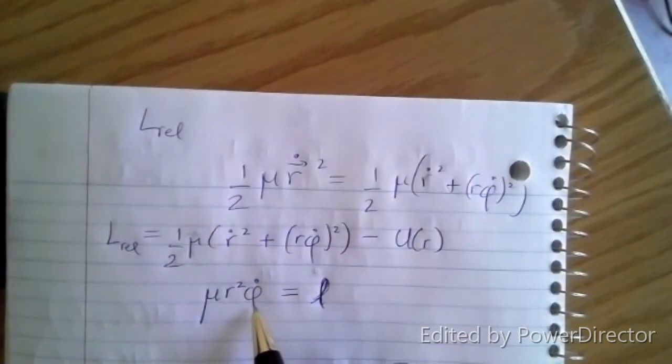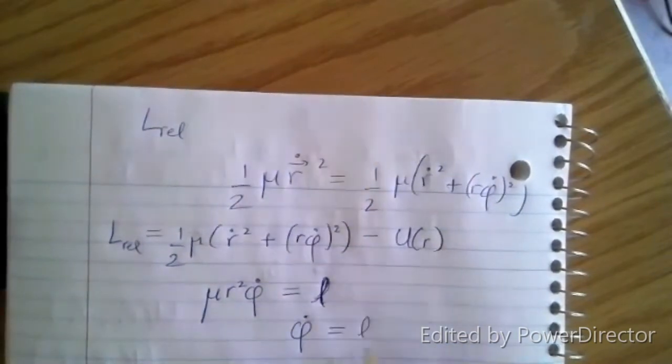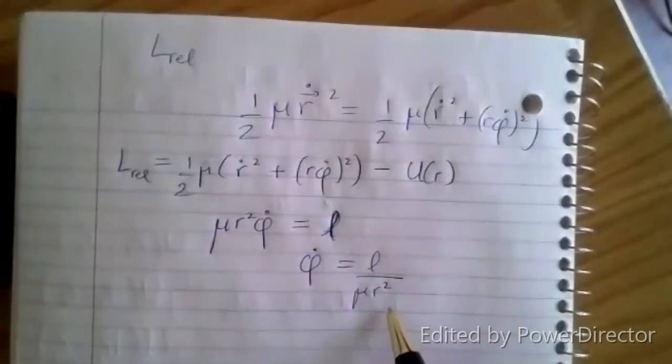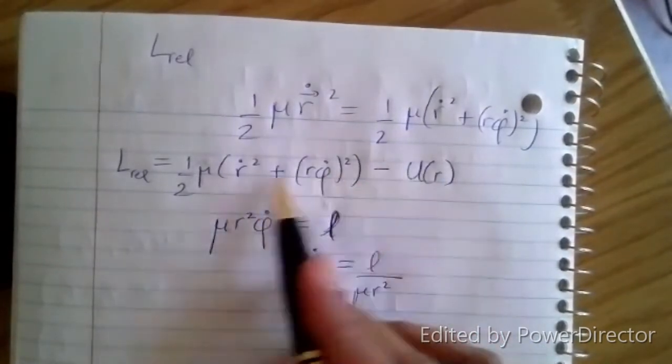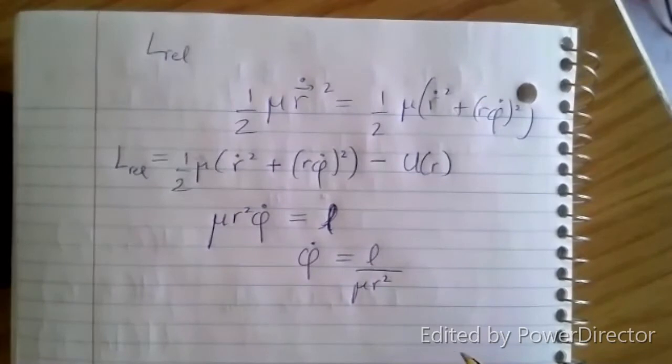And so we can replace phi dot in terms of L. Then we can go back to our Lagrangian and plug it in. And now we have a Lagrangian which is purely in terms of R and R dot. And so we've reduced it to a one-dimensional problem.